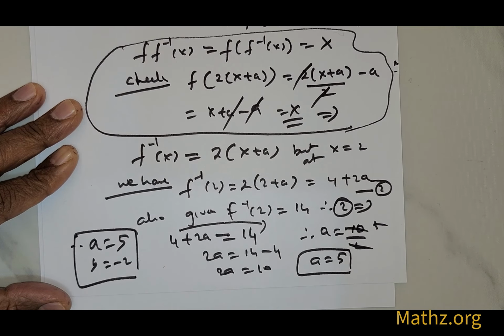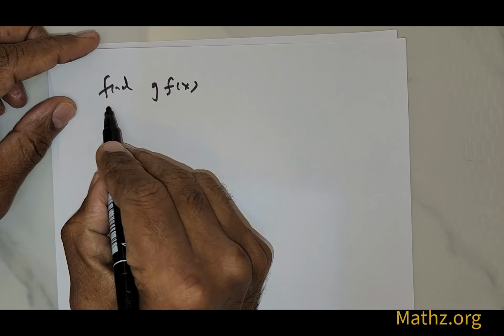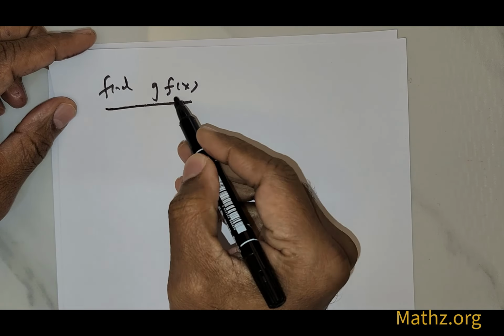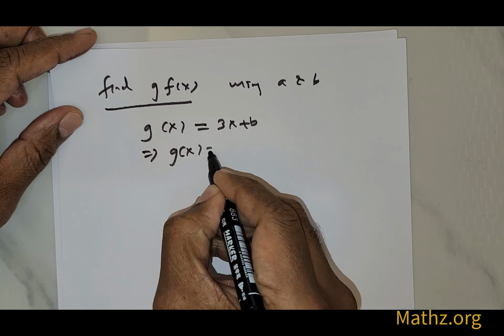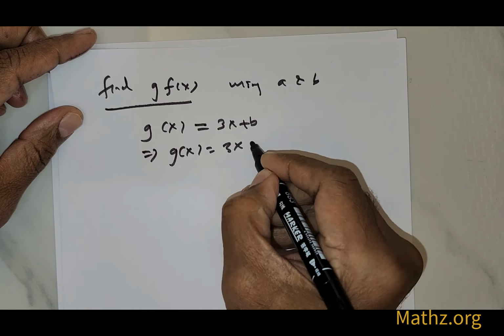Now that is not yet done for the question. Now this is the second part. Find g of f(x) using a and b, right? Now we got g of x, which is 3x + b, which means g of x is equal to 3x - 2, and f of x is x over 2 - a, and what is my a value?